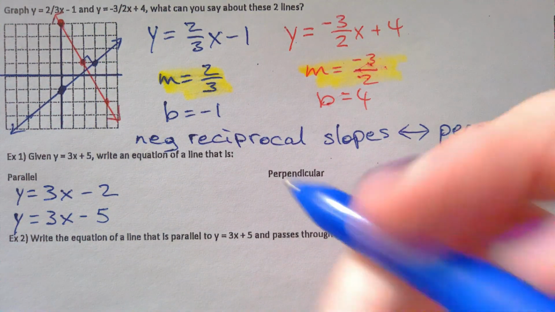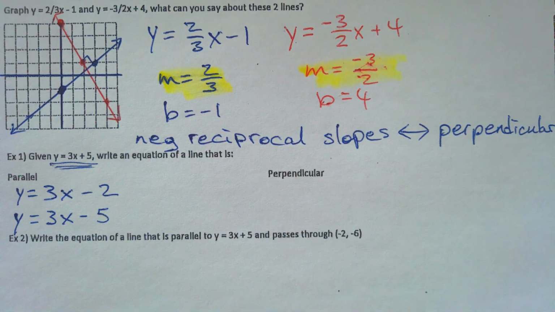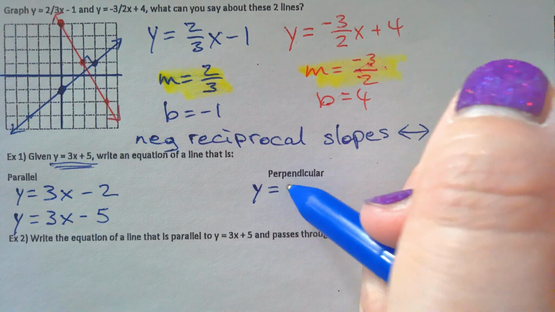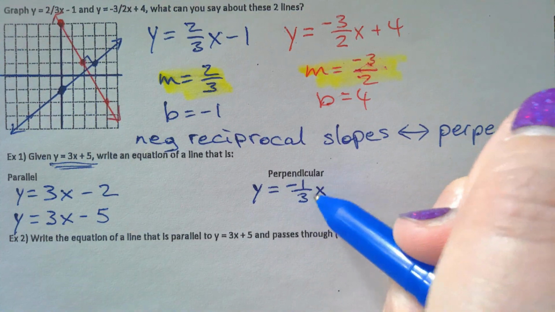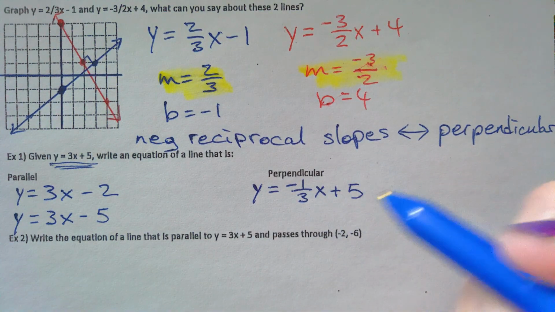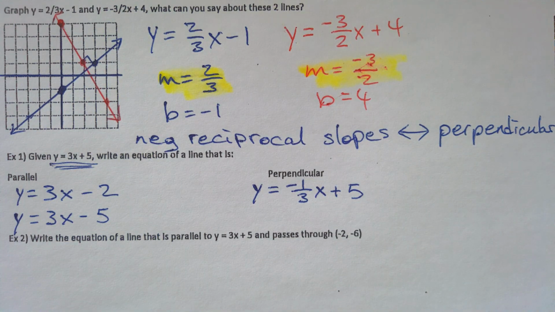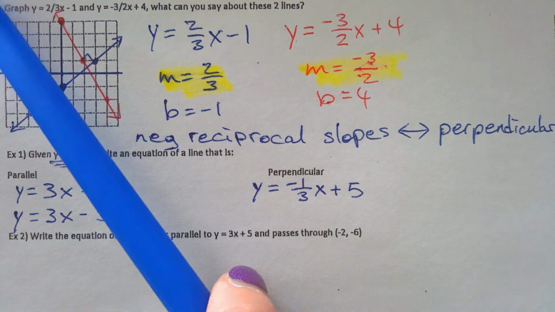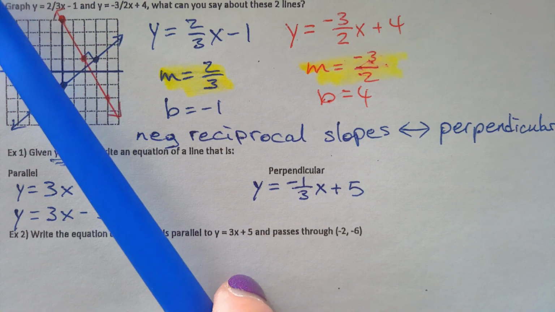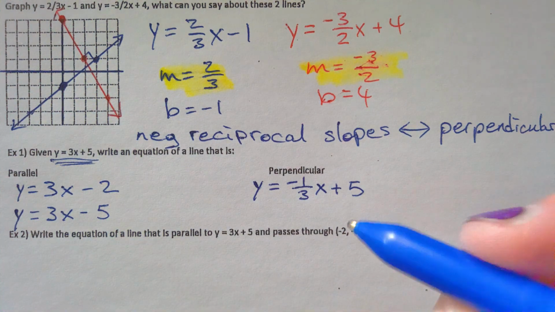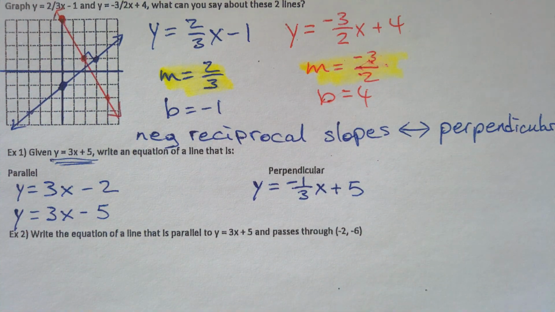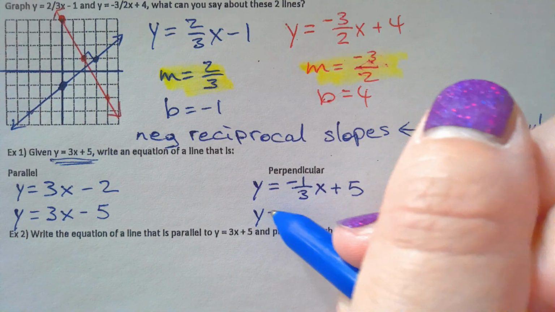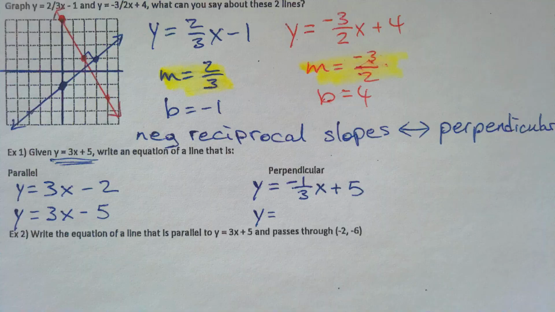Okay, and then for perpendicular, if I want an example of a line perpendicular to that, Margaret? Y equals negative 1 over 3x plus 5. Good. Okay, can it have the same y-intercept? Yes. So they could cross at the same point on the y-axis. So yes, in this case, you can have the same y-intercept. Okay, another line that's perpendicular to y equals 3x plus 5.